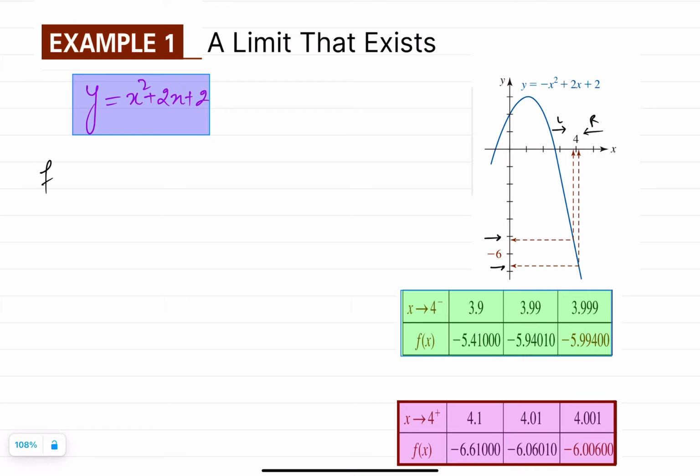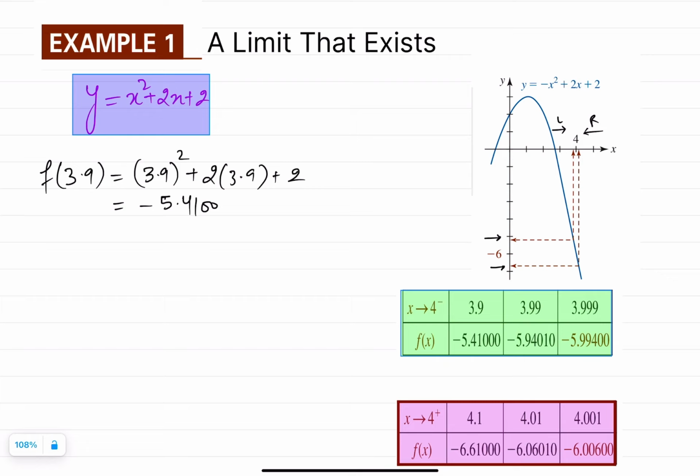For 3.9, you replace the x value with 3.9, and you can see that the value of the function is equal to -5.4100.